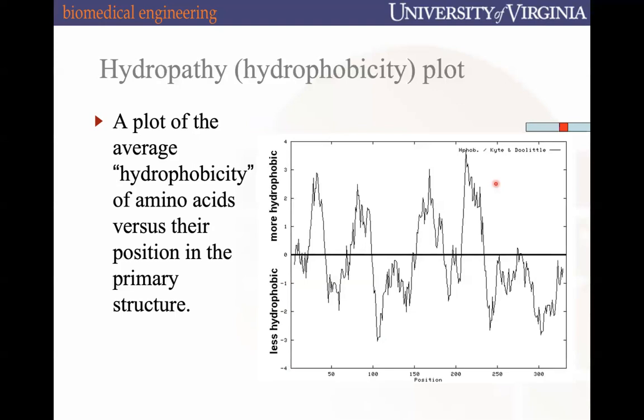Does that make sense? Are there any questions about this so far? Yeah, great question. So this is used for figuring out what parts of the amino acid chain would be stretching across the lipid bilayer.